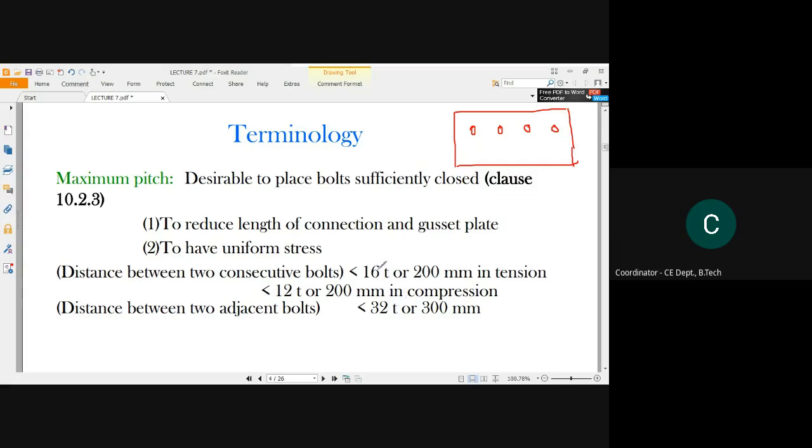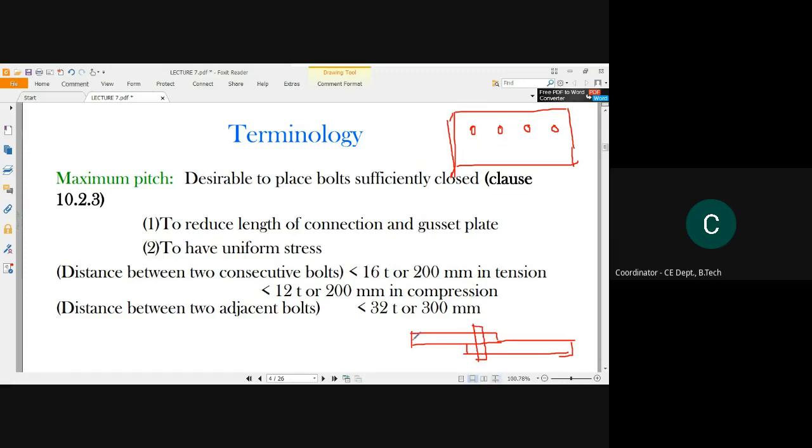When we calculate this 16T, T means the thickness of the plate on which these connections are to be created. So which plate should be considered? See, here this is a plate and this is another plate. If you want to connect them, it will look like this, right?